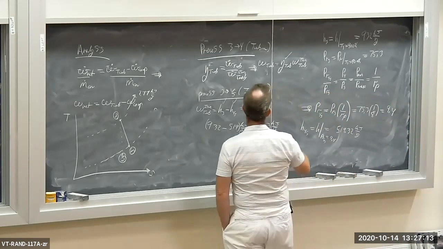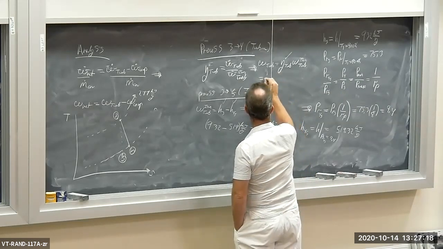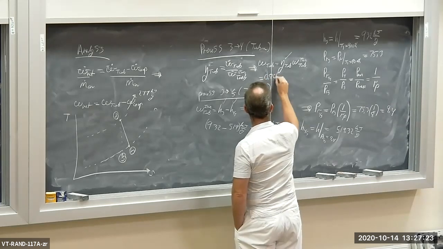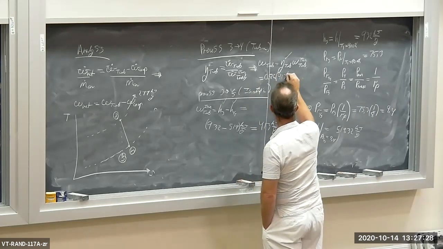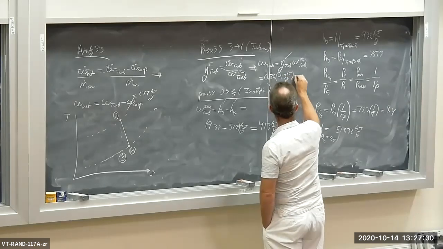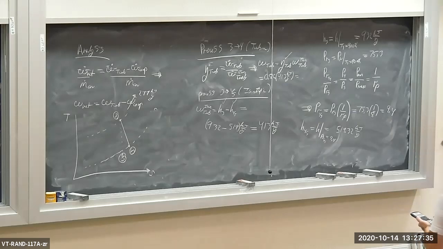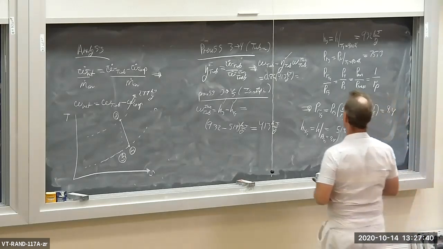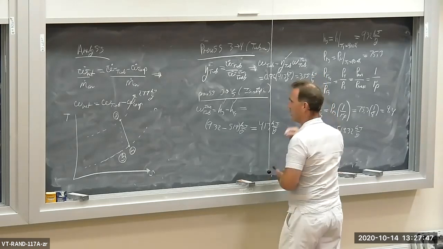So the work for the turbine is the isentropic efficiency, 86%, so 0.86 times the specific work for the isentropic turbine. 86% of 413 gives 355 kilojoules per kilogram.